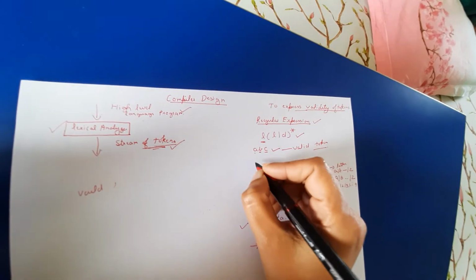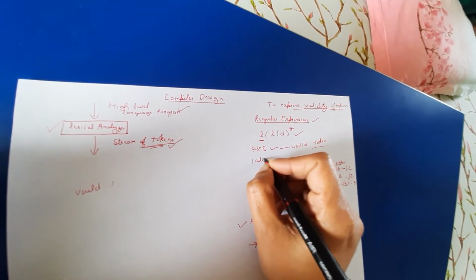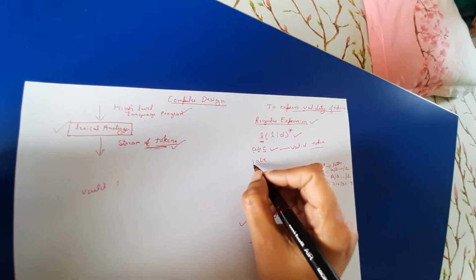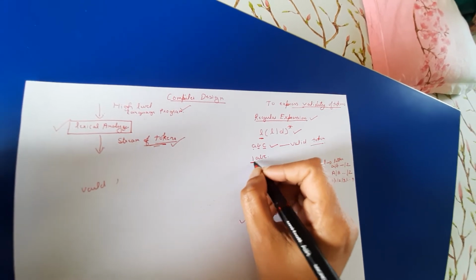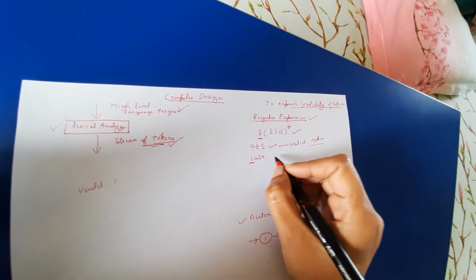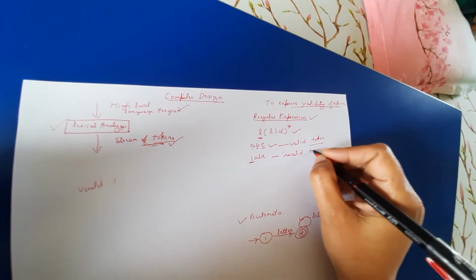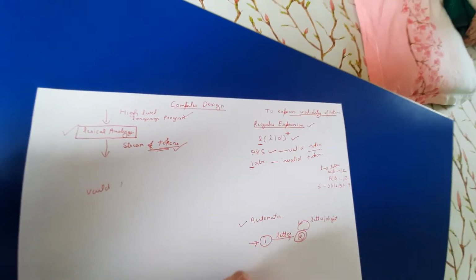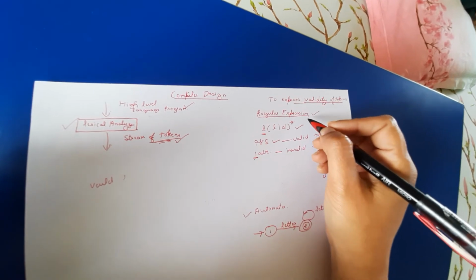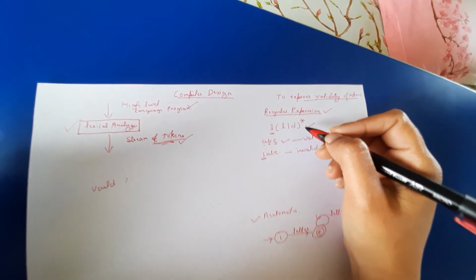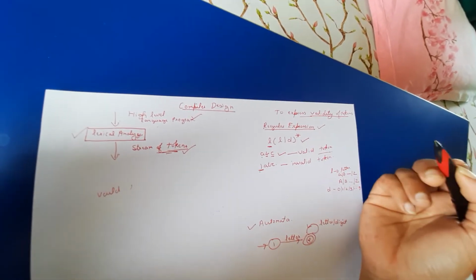But if I check 1ABC, the first character is a digit, not a letter, so this is an invalid token. So with the help of a regular expression, we can define tokens of a particular language.